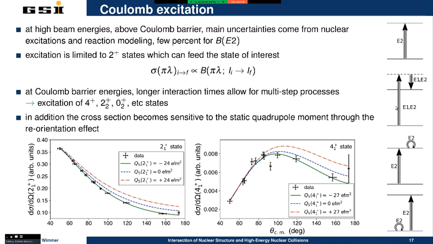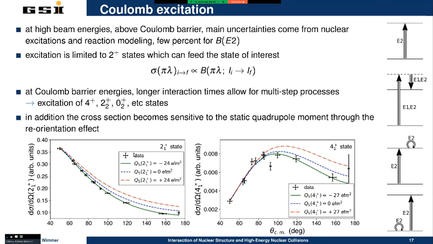This is depicted here on the right side. You can, for example, excite first another state and then go down to the state of interest. So this can be a two-step excitation, so you can make two steps up, but you can also, of course, de-excite in this process. So this, first of all, allows you to extract also BE2 values for other states.